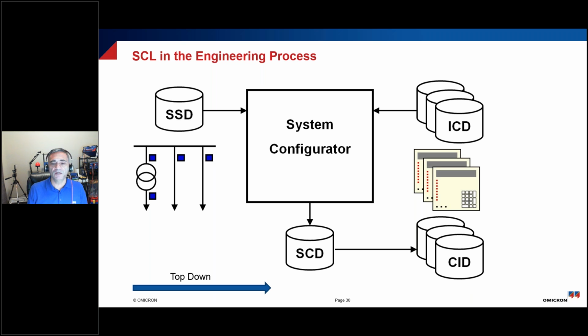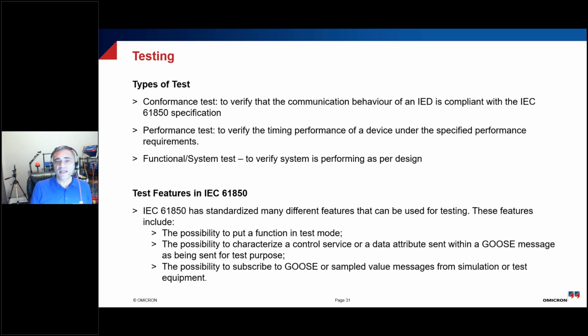Or there's a top down approach, which is now just being used, where in fact it's an automated process of creating the files that will go into the individual relays, and this is a huge time savings. So that's really the substation configuration language. It sounds a bit complicated. It's actually a very powerful tool, but we'll move on to the final step here in the standard, which is the testing.